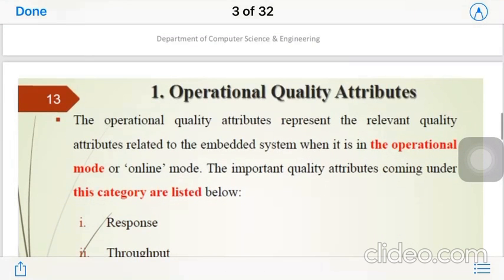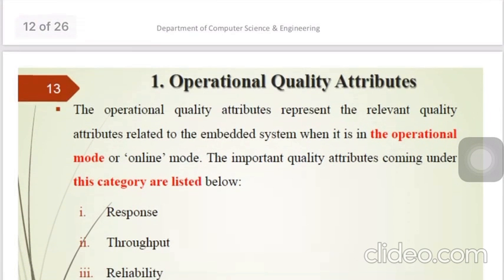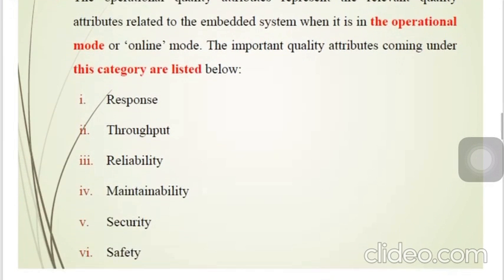They represent the relevant quality attributes of the embedded system when it is in operational mode, or online mode. Whenever the embedded system is running, the important attributes in this category are response, throughput, reliability, maintainability, security, and safety.